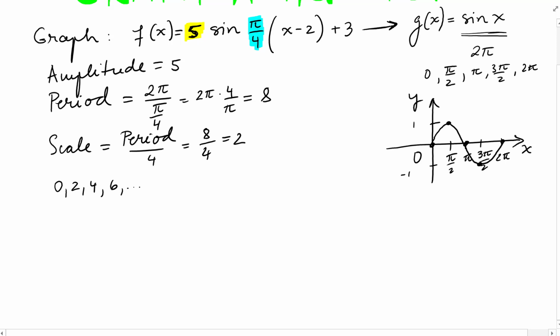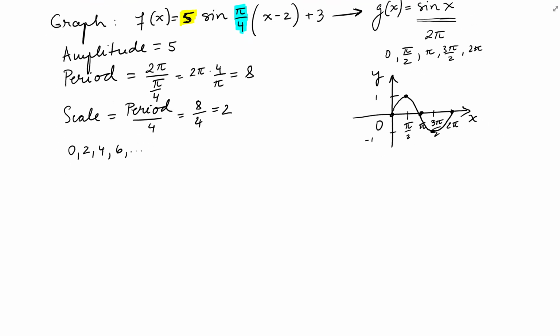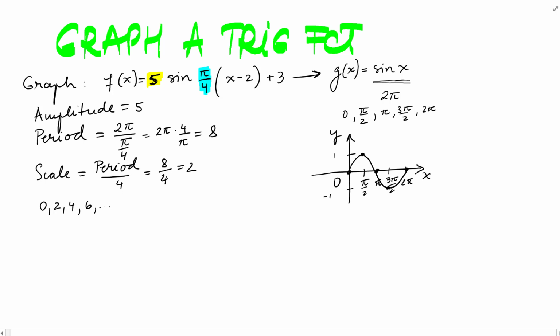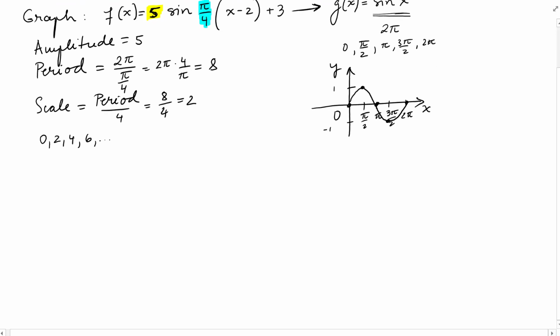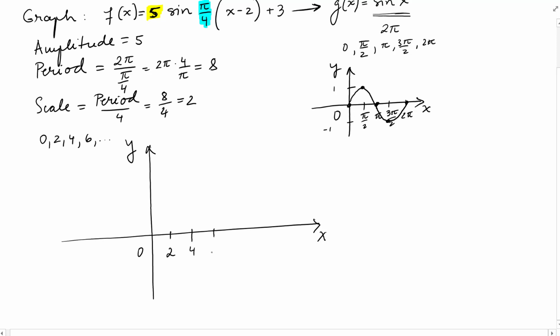So this graph of 5 sine of pi over 4 times (x minus 2) plus 3 is going to have a similar shape, but we are going to have to make some transformations. So let's make a coordinate plane, x and y. Now we start at 0, and then the scale is 2, so we go 2, 4, 6, 8.